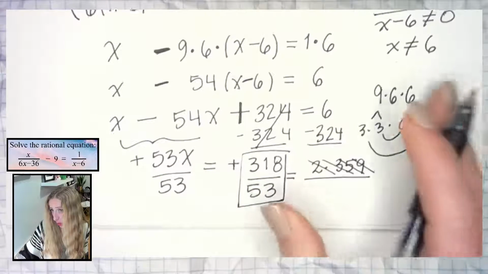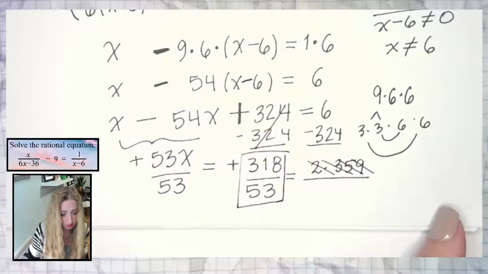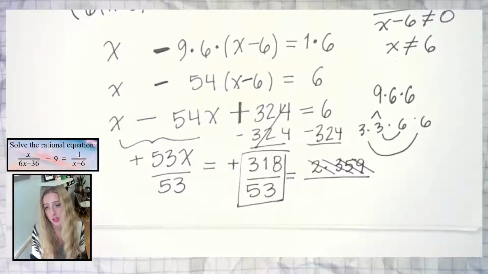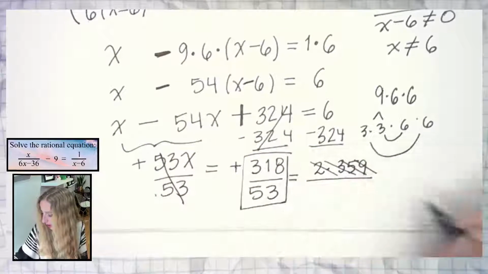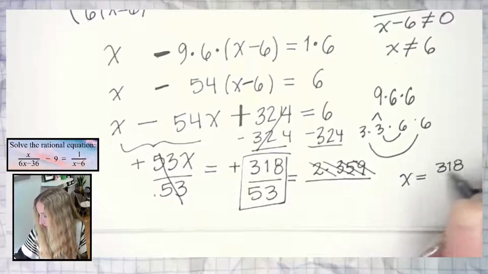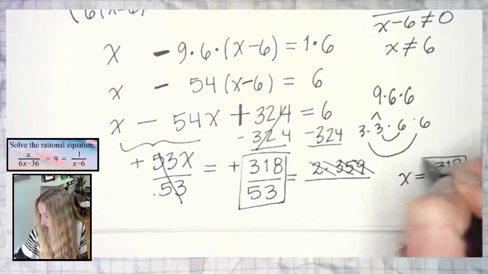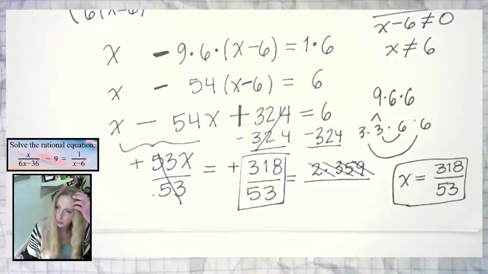It's also not one of our restricted values. So looks like we're in the clear and finished. Whoop. So this reduced down to a 1. So on the side, x equals 318 over 53. It's not 6, so we are good to go.